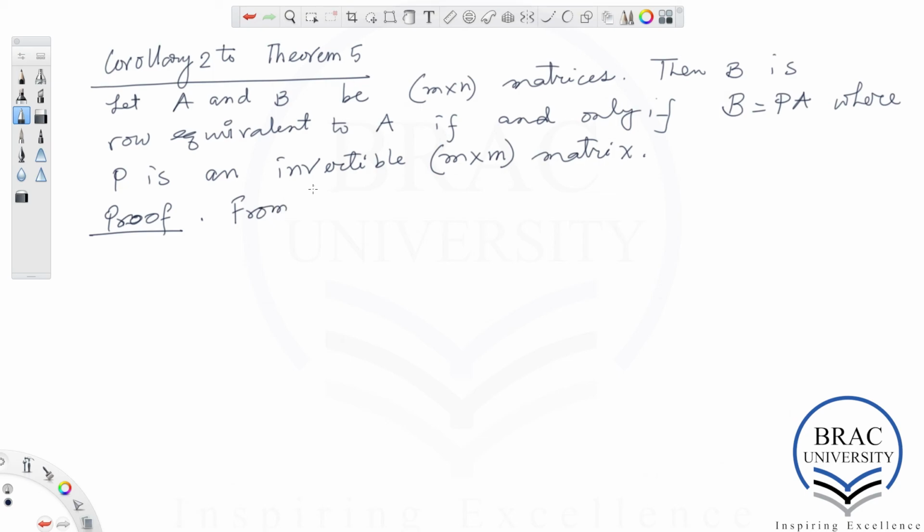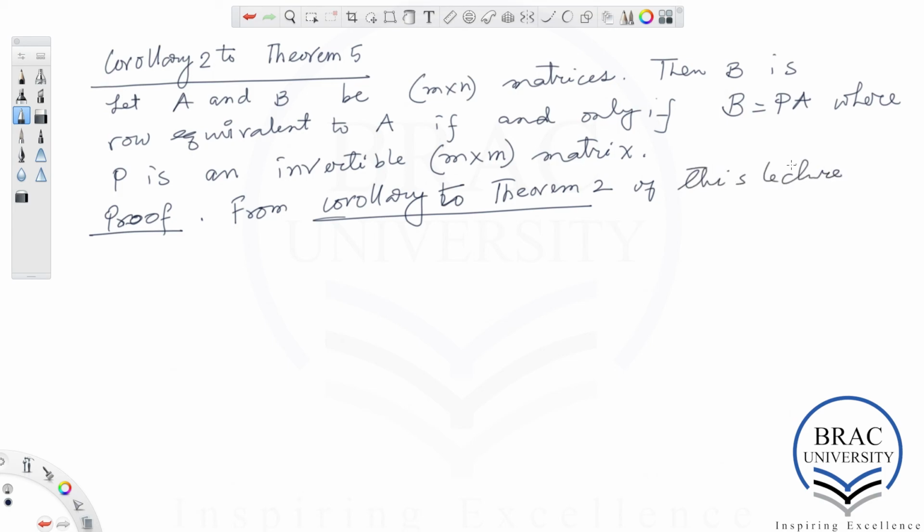From the corollary to theorem 2 of this lecture, which states that, let A and B be m times n matrices over the field F, then B is row equivalent to A if and only if B is equal to P times A, where P is a product of m times m elementary matrices.